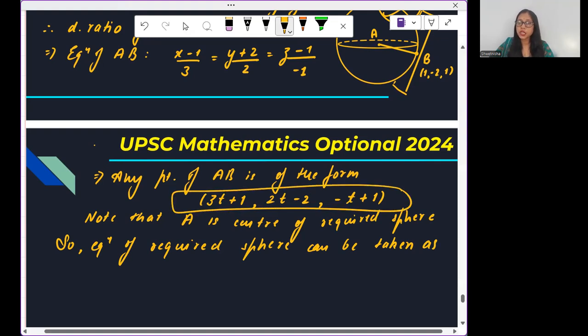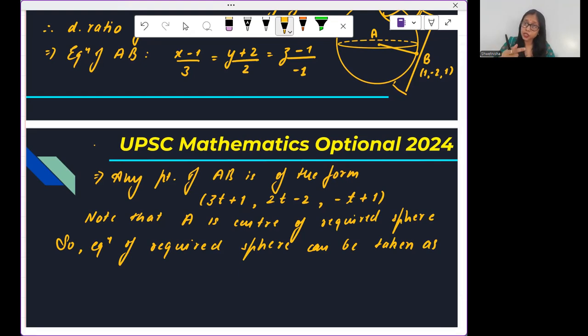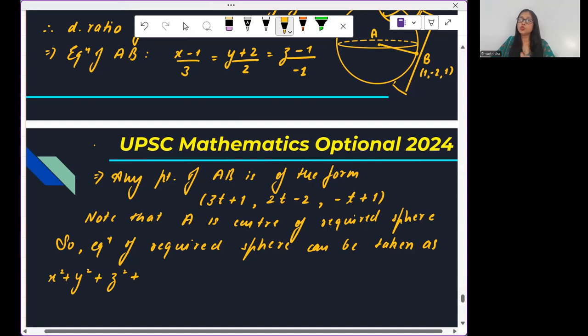this point is on the line AB, but A is also on AB and A is the center. So I can say that the center is also of this form, right? So the equation of the required sphere can be taken as x square plus y square plus z square plus 2ux, where this can be compared with minus u, minus v and minus w. So what is your u here?